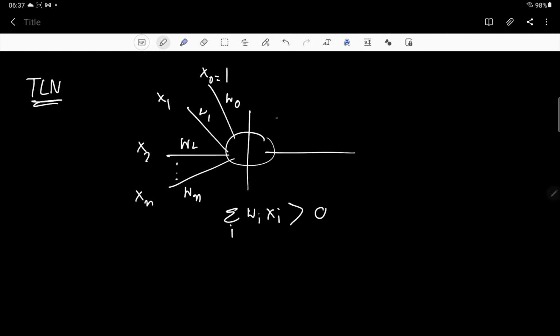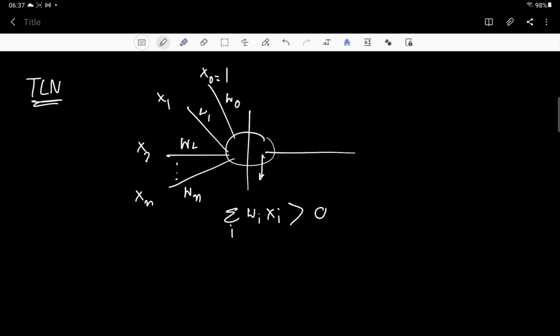So this one is called the activation unit, or in many textbooks it's called the signal unit. But I think they are quite close to each other.